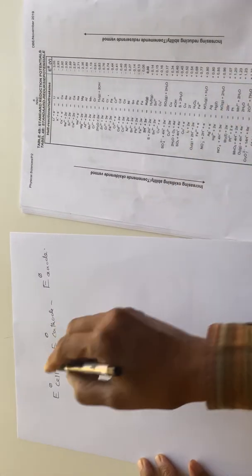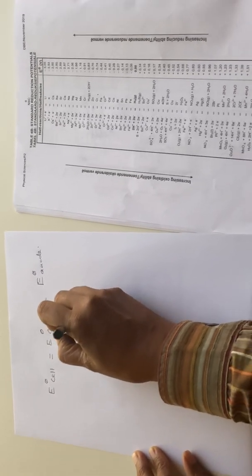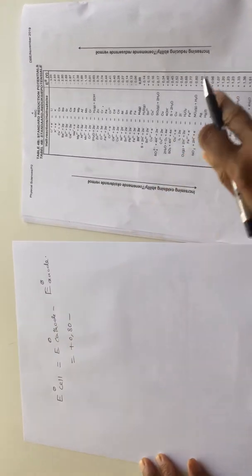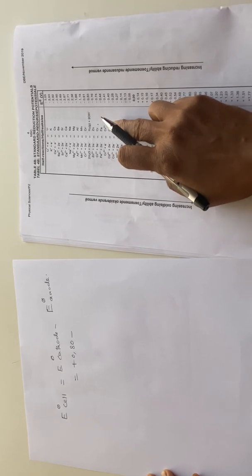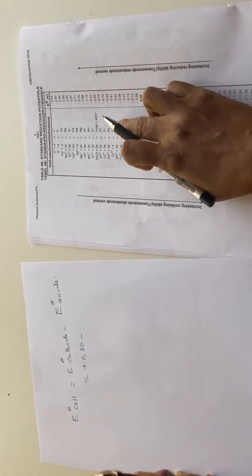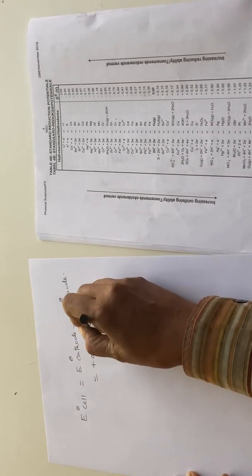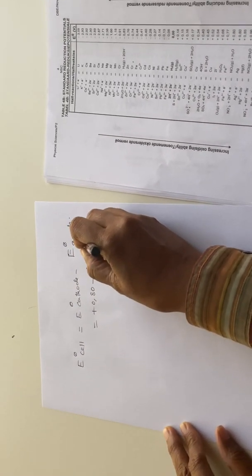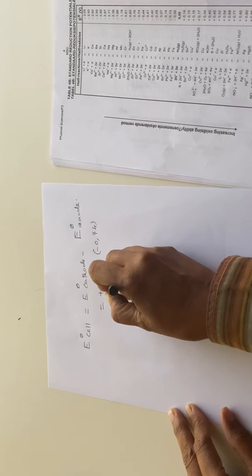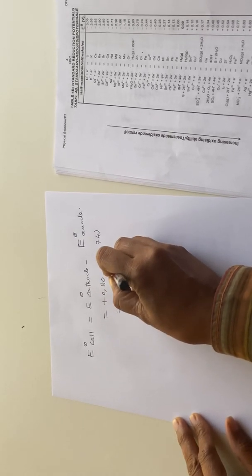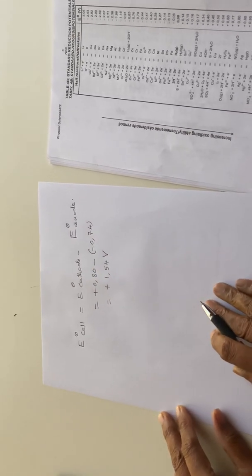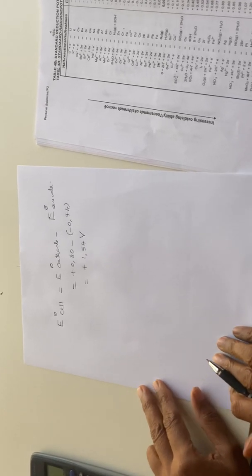Silver is here. What is the value? Plus 0.80. The anode here is chromium. Chromium gives chromium 3+, which is minus 0.74. Minus minus 0.74. You add them together, you get 1.54. It has a unit, so you have to write the V also. That is the EMF of the cell.